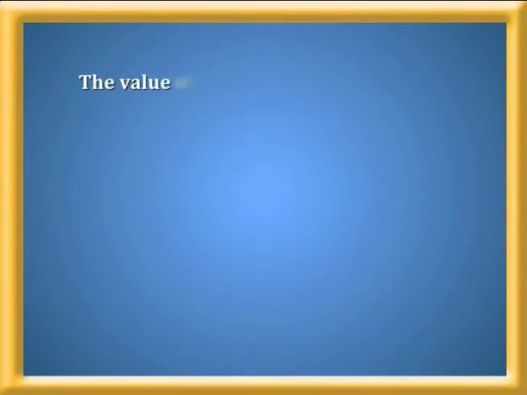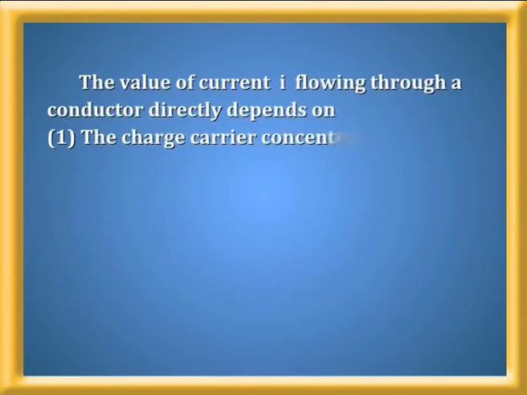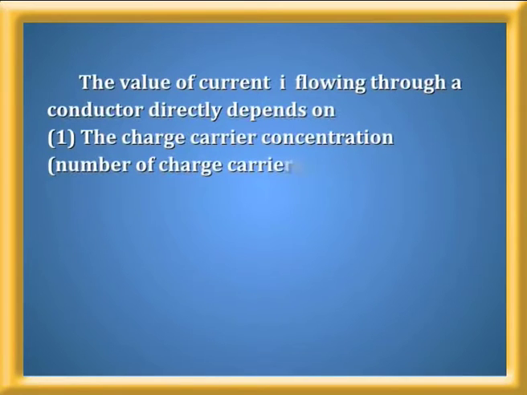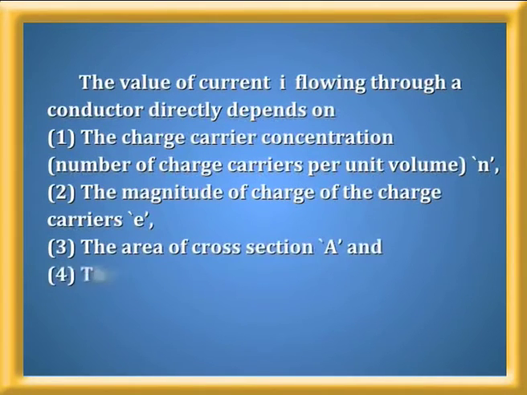Thus, the value of current I flowing through a conductor directly depends on number 1, the charge carrier concentration, the number of charge carriers per unit volume n, number 2, the magnitude of charge of the charge carrier e, number 3, the area of cross section A, and number 4, the average drift speed Vd.